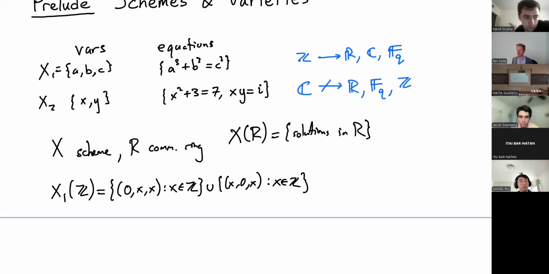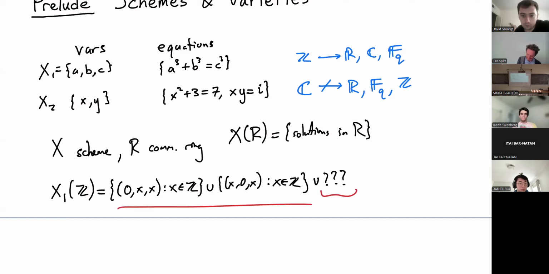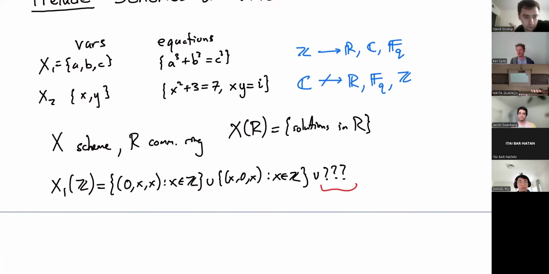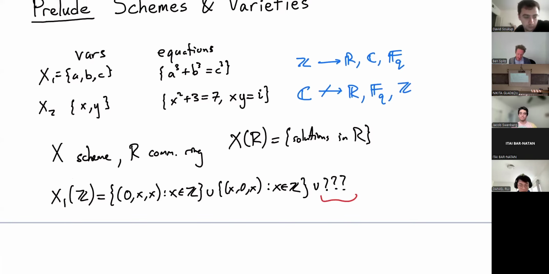Maybe they have to be positive. Okay, maybe more. I don't know enough about Fermat's last theorem. But at least there are these solutions. Okay. There are x and negative x, 0. Yeah, that's a good point. Okay, so there's more. But it has something to do with Fermat's last theorem. All right, but that's not the point of this talk.